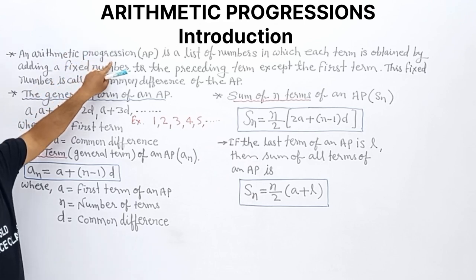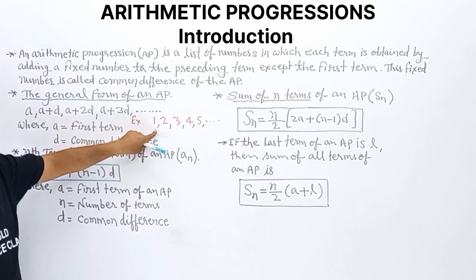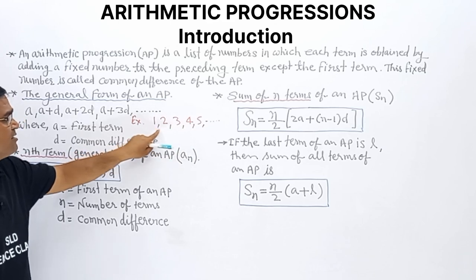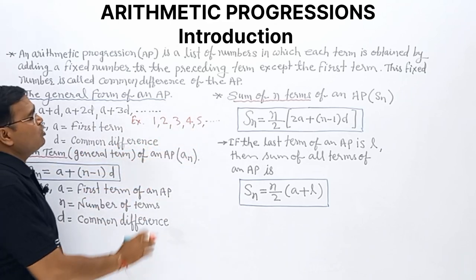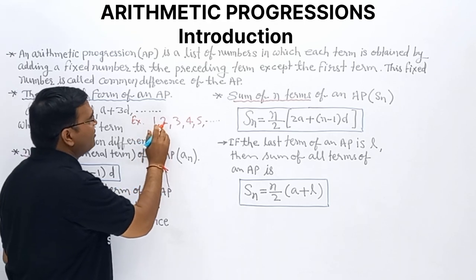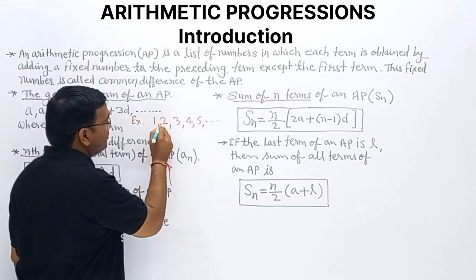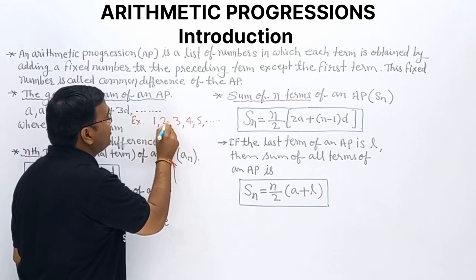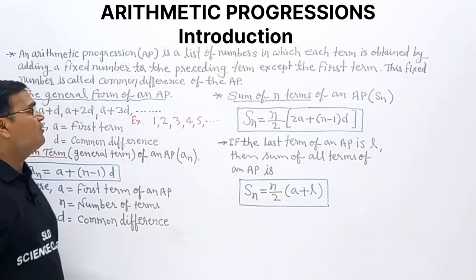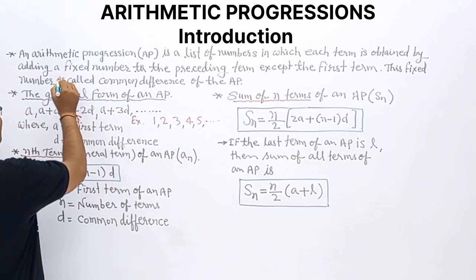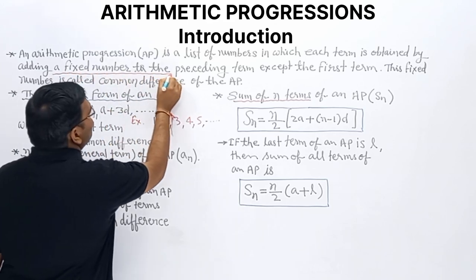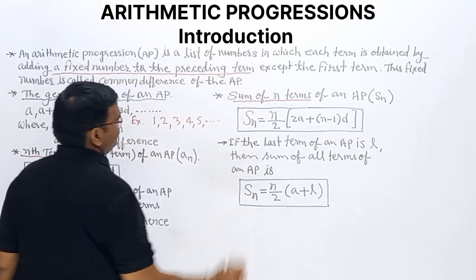An arithmetic progression is a list of numbers in which we are adding a fixed number to the preceding term.